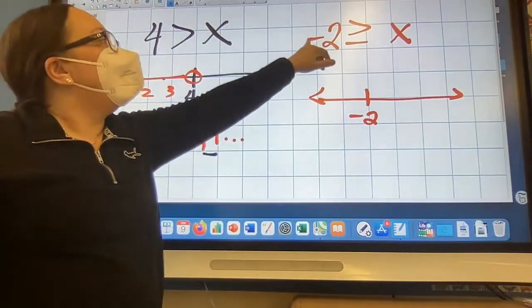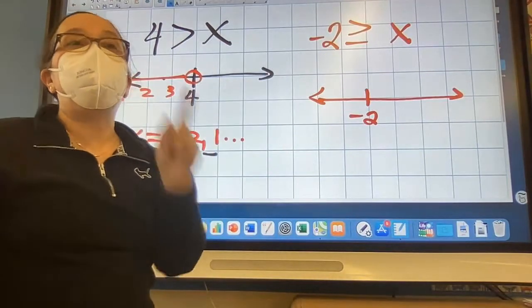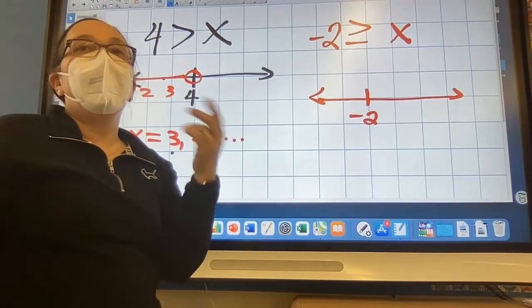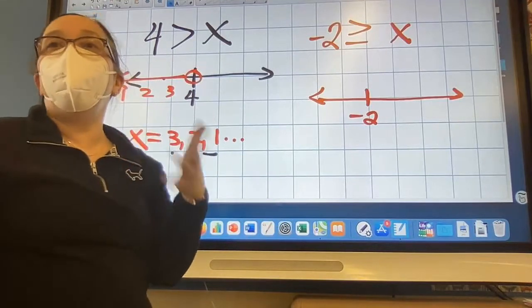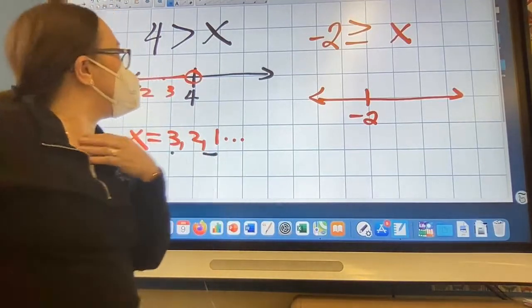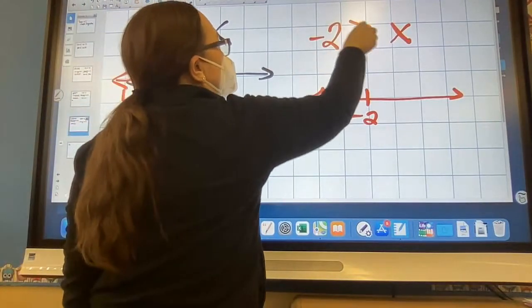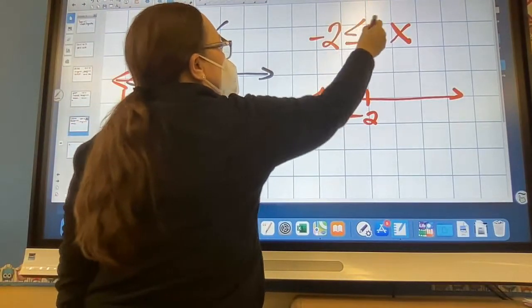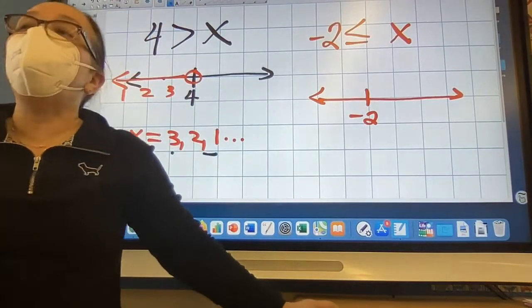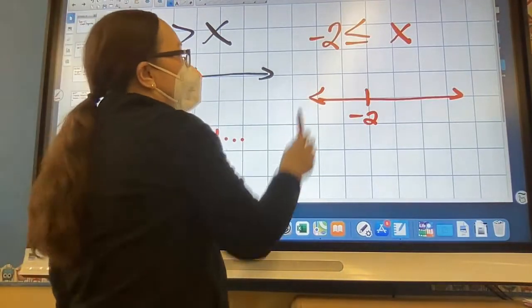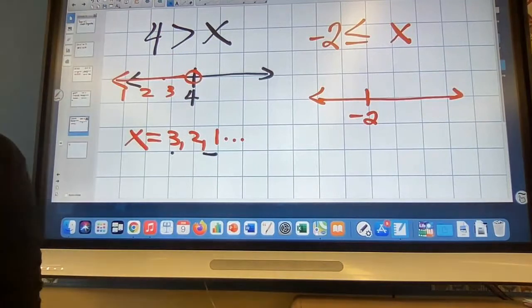It says negative 2 should be greater or equal to x. Should be greater. Or, since we did the greater one, how about we do the other side? So negative 2 should be less or equal to x.